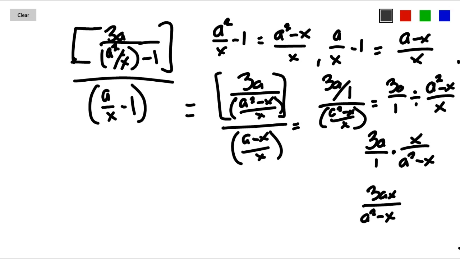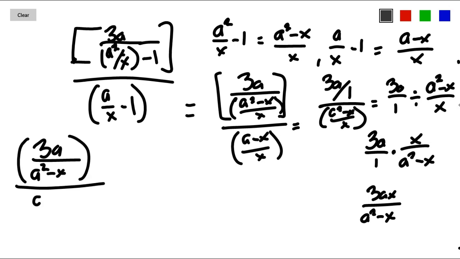Now for the bottom, I've got a minus x over x, so that stays the same. And so I end up with 3a divided by a squared minus x, divided by a minus x over x. Even though I've got fractions on top and bottom, what I'm really doing is dividing these two fractions together.